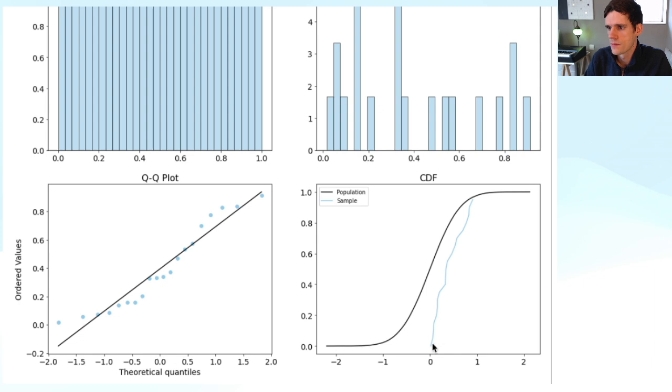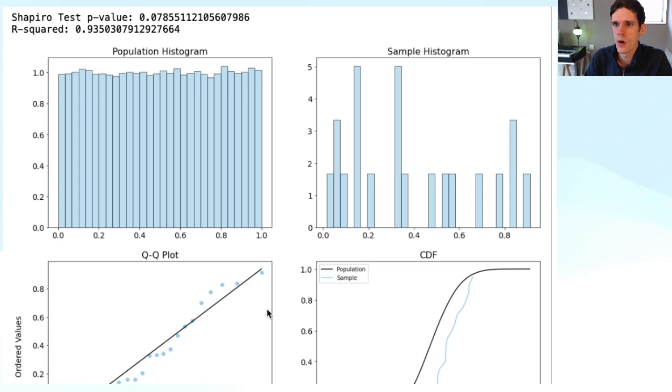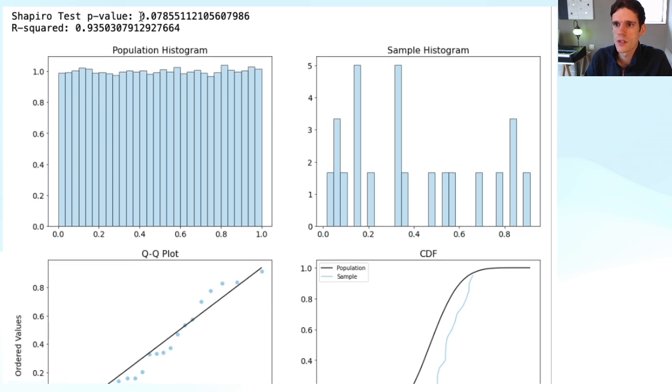Well, clearly, this blue line, which represents the CDF of our sample, does not follow this nice theoretical smooth curve at all. So these visual inspections and the R-squared combined with such a low p-value allows us to nonetheless conclude that this sample is unlikely to have come from a normal population.